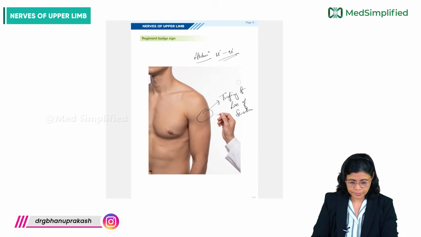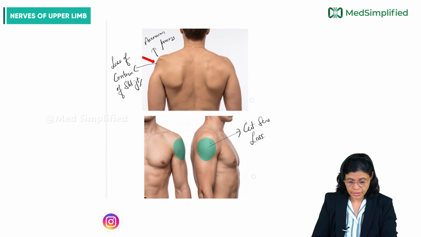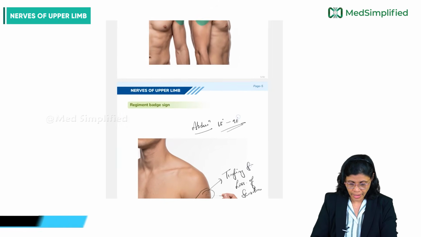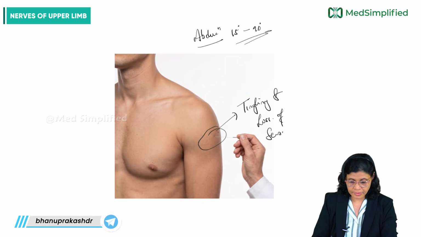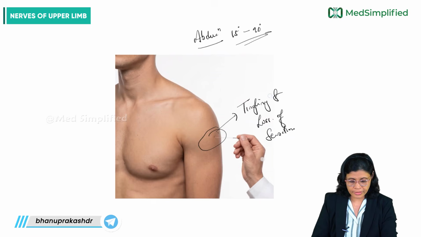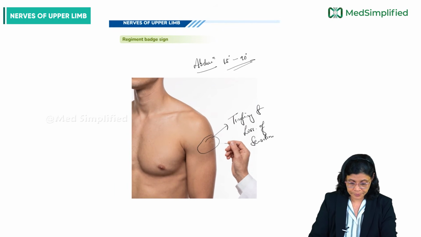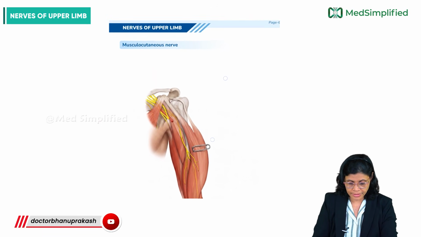Just to recall, there is loss of contour on the shoulder joint, then cutaneous loss in the upper lateral part, and loss of abduction, as well as neuropathy in this region, which we call the regiment badge sign.